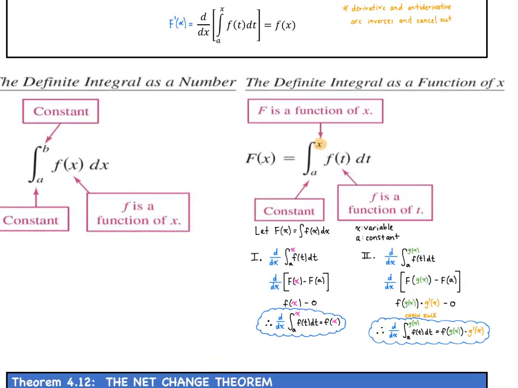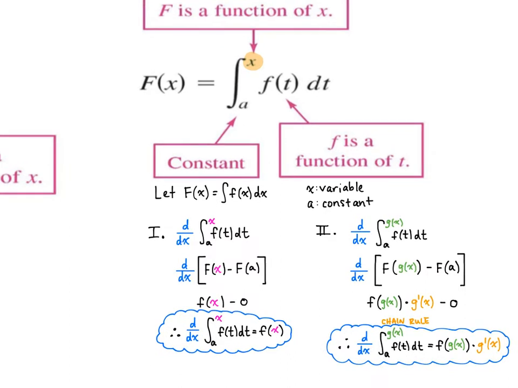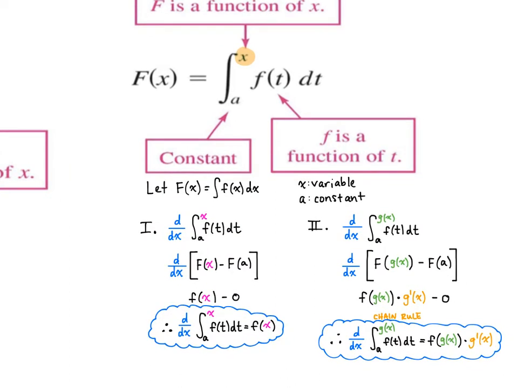So there's two different scenarios with this second fundamental theorem of calculus, all right? The first one is when we let big F of x equal the integral of little f of x dx, okay? Remember, x is a variable and a is a constant. So scenario number one: if we take the derivative of the integral from a to x of f of t dt, forget about the derivative at this point.